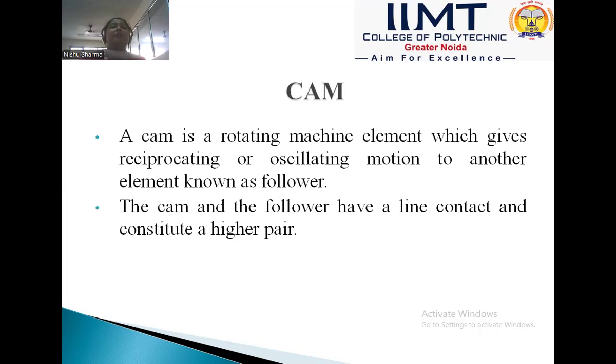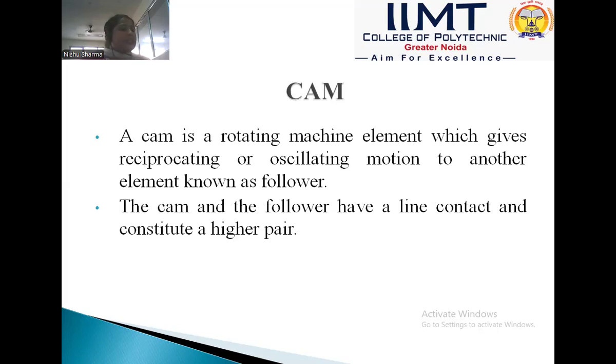In a lower pair, we have a surface contact between two links, and in a higher pair we have a line or point contact between the two links. In a cam and follower there is a line or point contact, so it makes a higher pair.